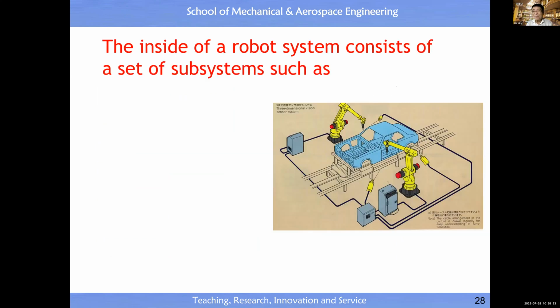Then what should be these important subsystems, all right? First, the robot must have a body. Then what is the important subsystem inside the body? The answer is what? Mechanical system, all right? And the robot must be able to perform a controlled motion. You remember module 4, control of the motion.